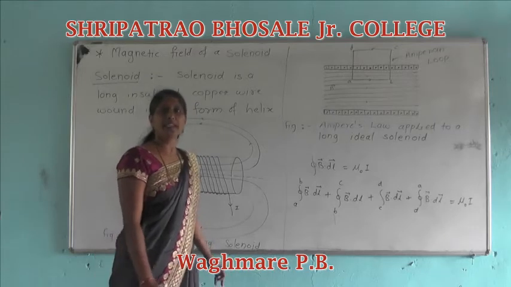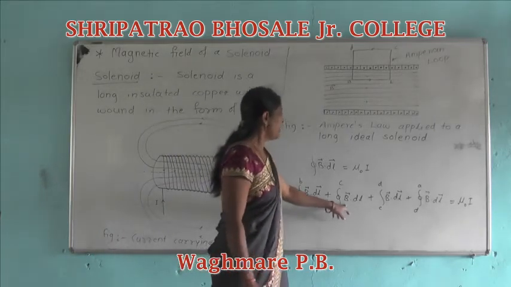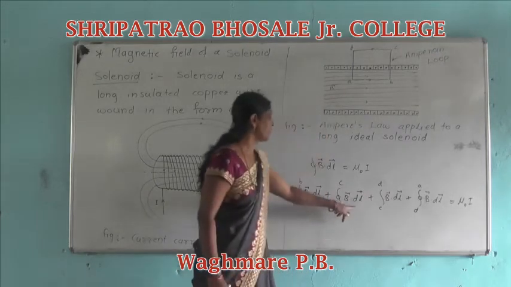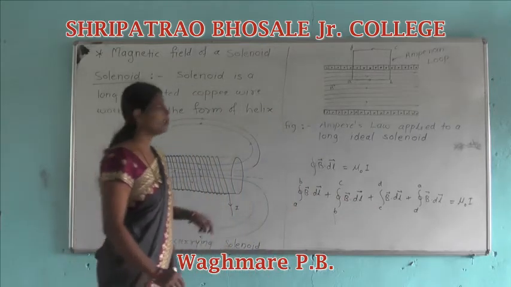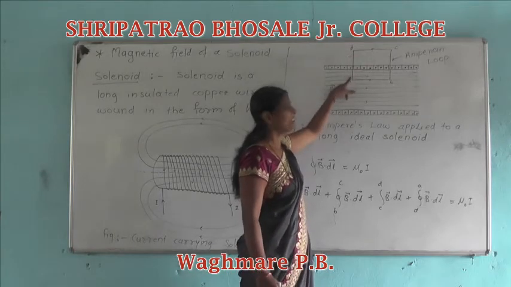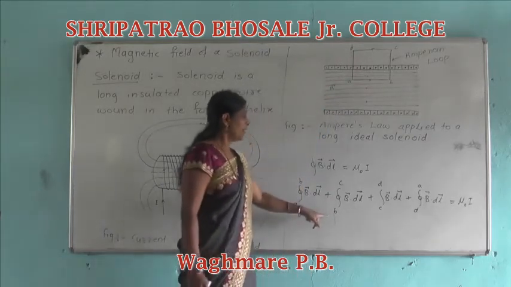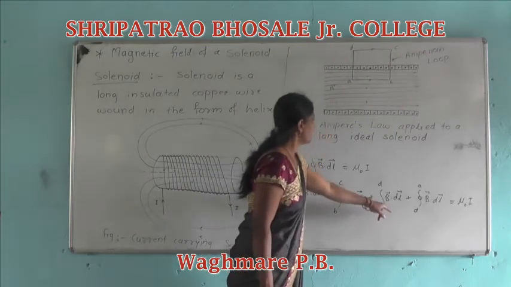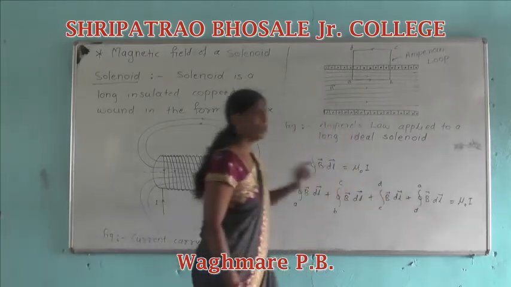Therefore, when we take B into dl, the dot product of magnetic field and dl, it will be equal to 0, and therefore the second and the fourth integrations will be equal to 0.